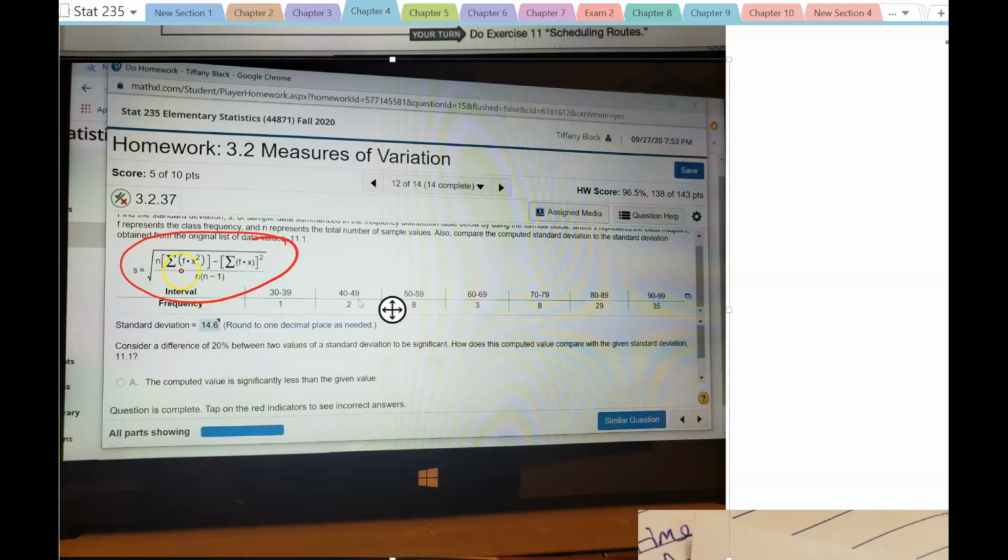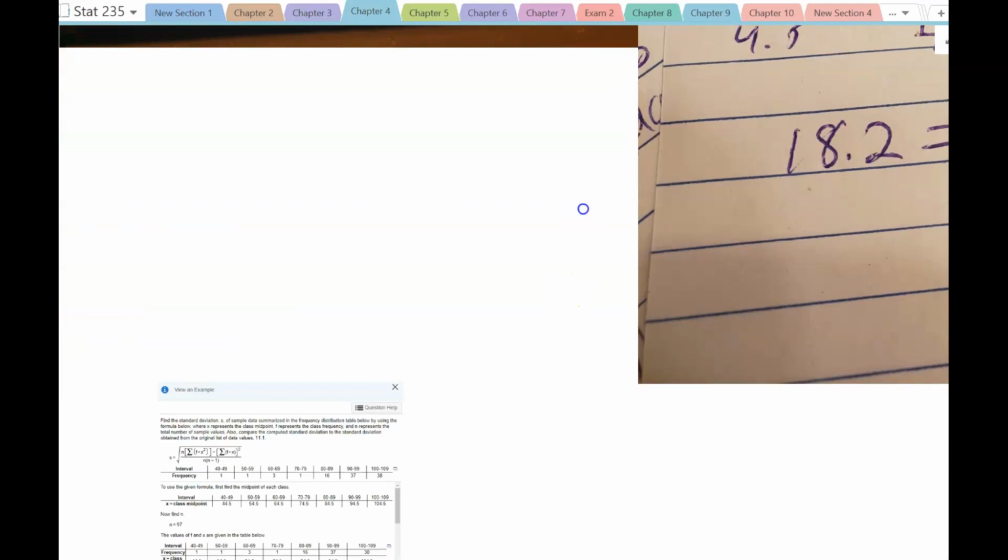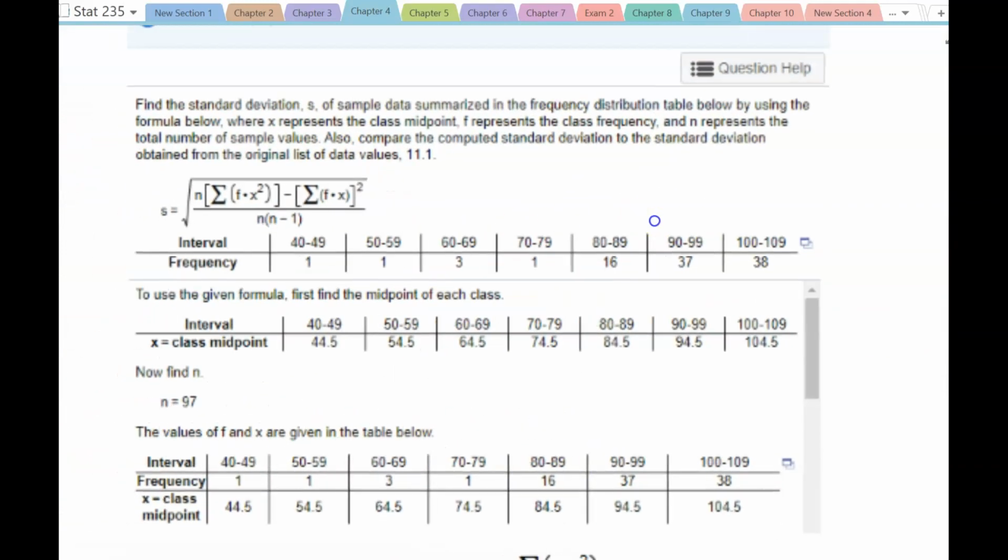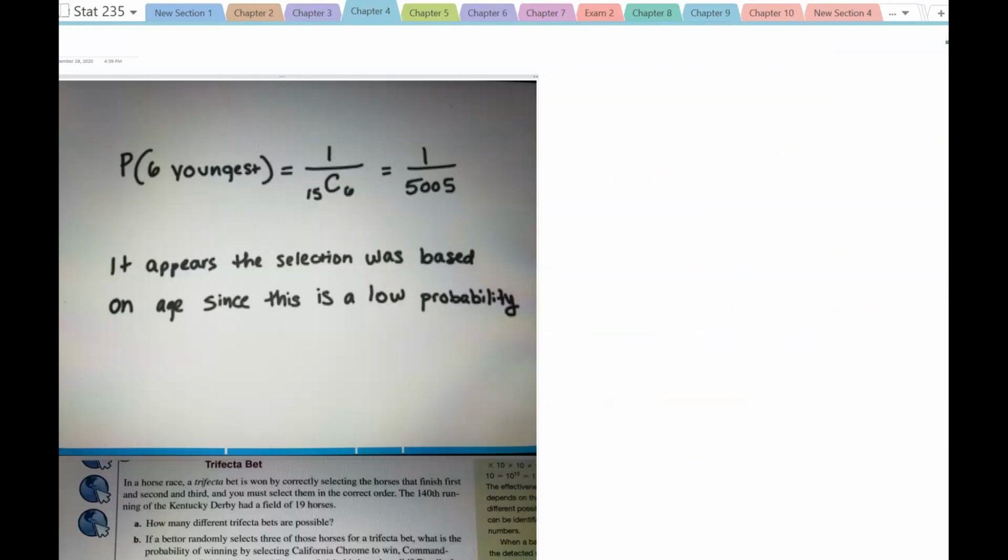You're taking the sum of the frequency times the value of the frequency squared minus the sum of the frequency times the value quantity squared. And this is kind of going into a calculator. It can be kind of complicated here. Here's an example.